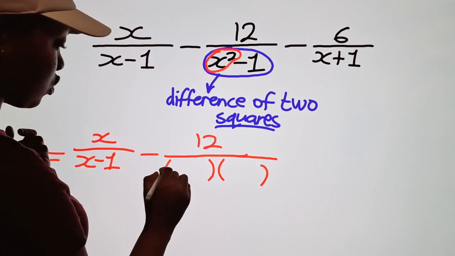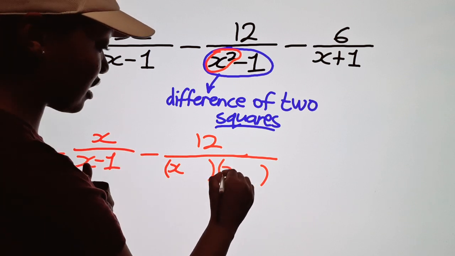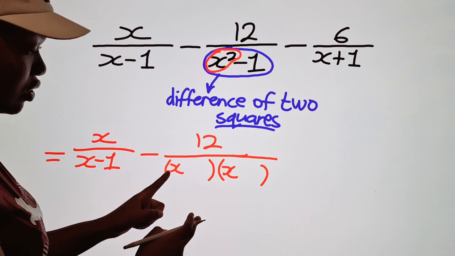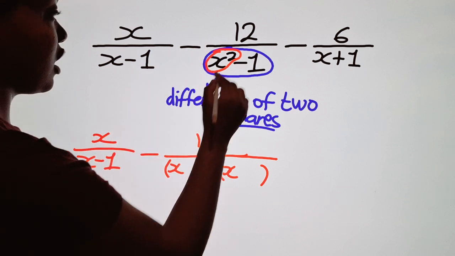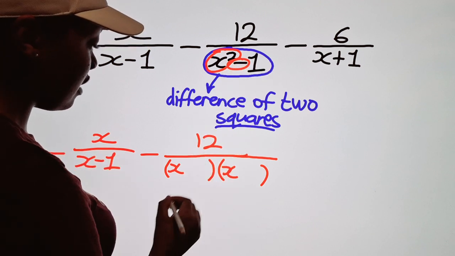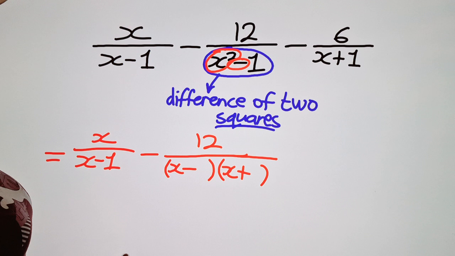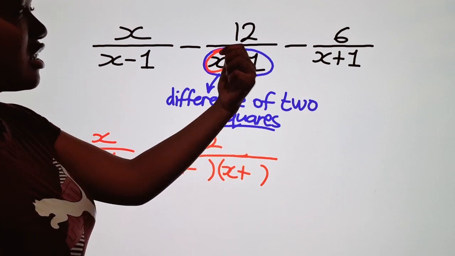So you write the square root of x squared, x, in one bracket and in the other bracket, so that when you multiply them, x times x takes you back to x squared. Then, since we have a negative sign, it means that in the brackets we should have two different signs. Why? Because two different signs, when we multiply them, take us back to the negative sign.